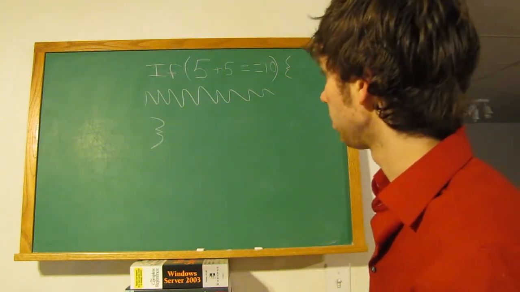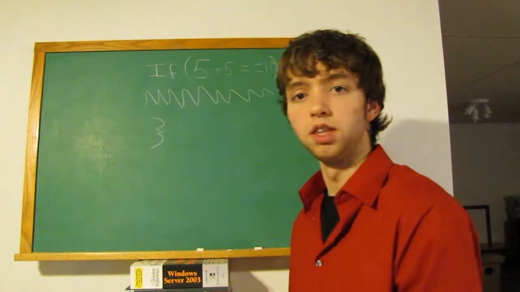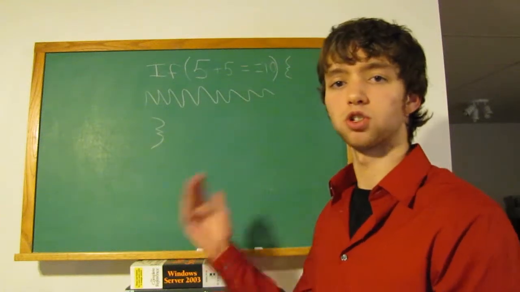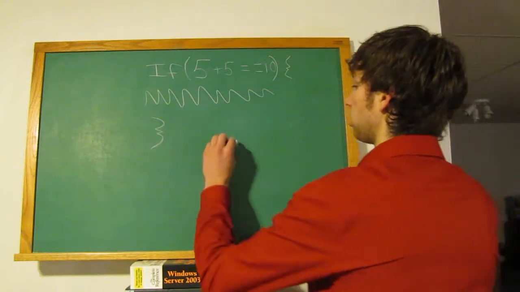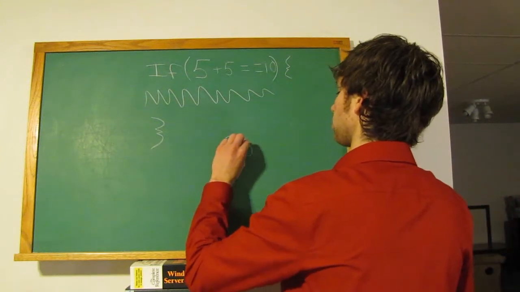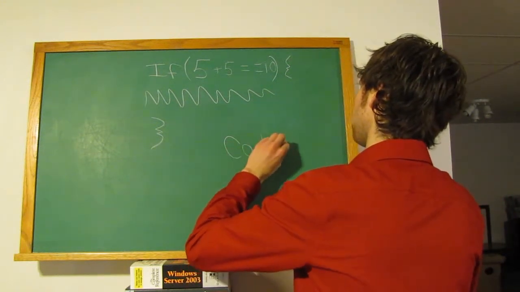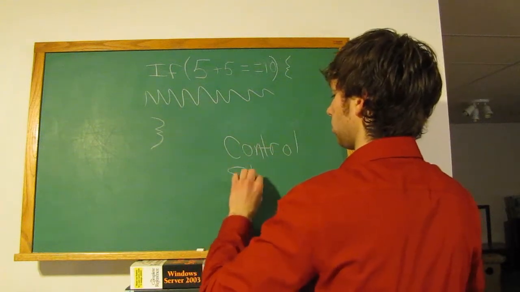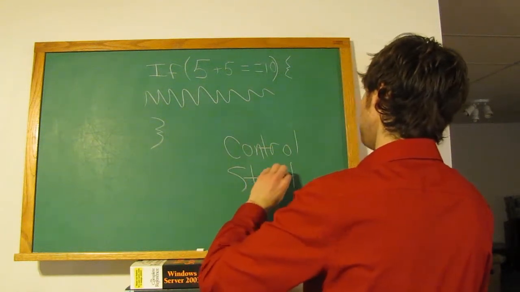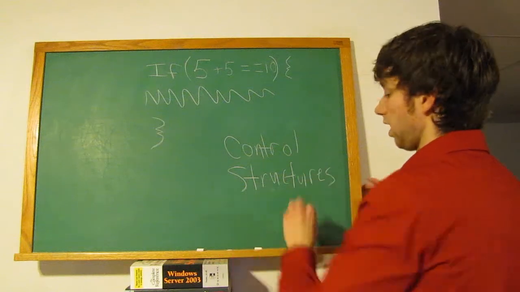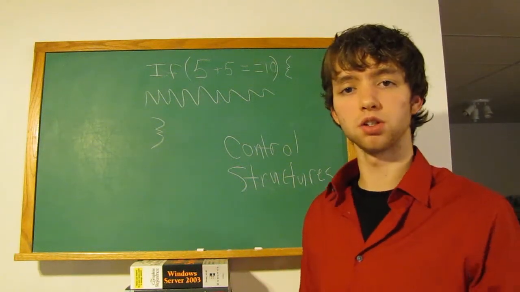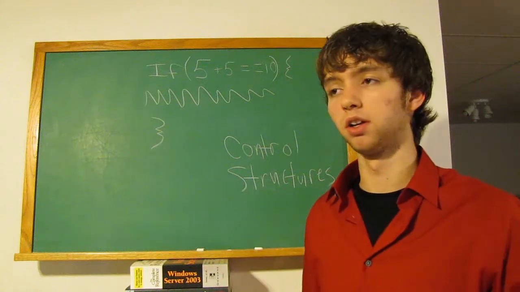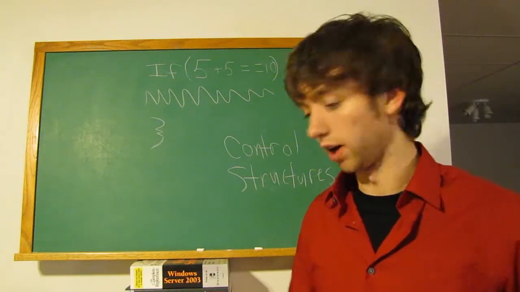Now, I want to mention one more thing. These loops and structures I'm going to be going into are known as control structures. What these do is they allow your program to flow in different directions, repeat things, or make it just easier to program.